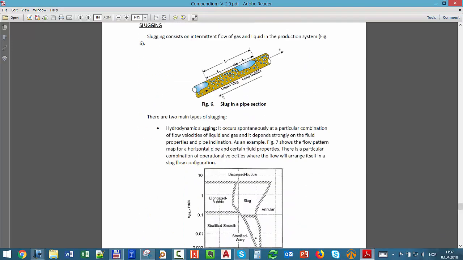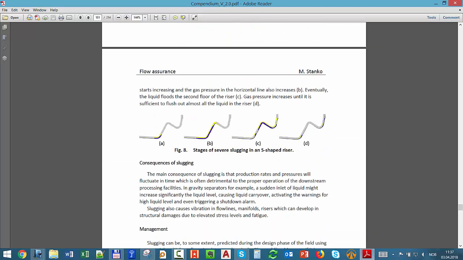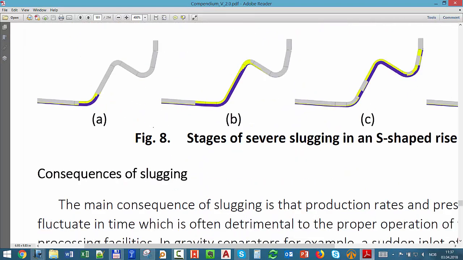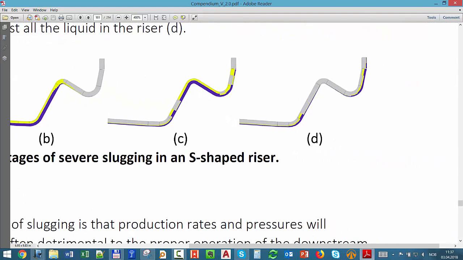Okay, you have slugging. What I told you, you have formation of slug, and here you have slugging. That's the riser. Here you have the seabed, and here you have the FPSO. And you have this phenomenon in which the liquid starts to accumulate at the lower part, and then the pressure of the gas starts increasing, and then all of that bulk of liquid is flushed and produced to the separator, and that causes a lot of issues.